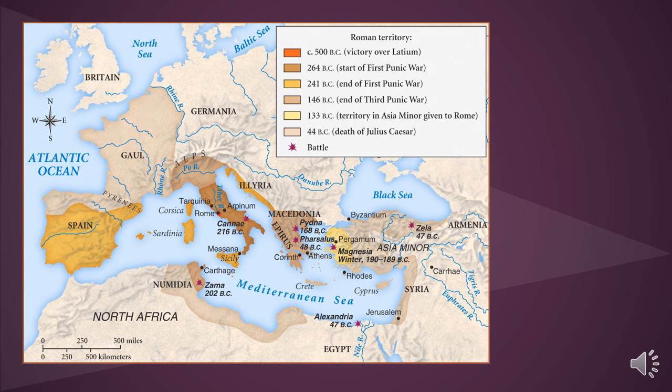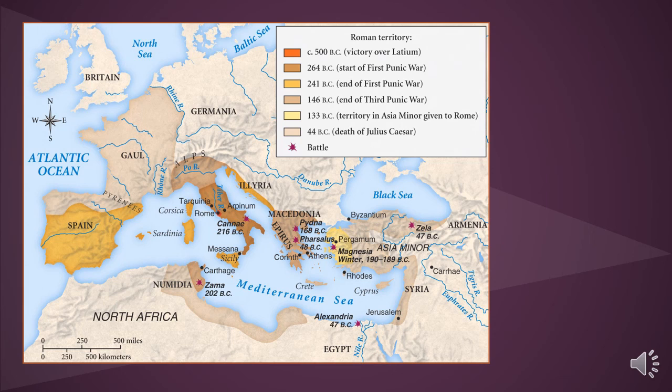If we look at their empire afterwards, what I want to draw your attention to is that everything added up to this light yellow color. So this is not going to be added until after the Punic Wars. Everything in the brown and in this goldenrod is all going to be added as a result of the Punic Wars.